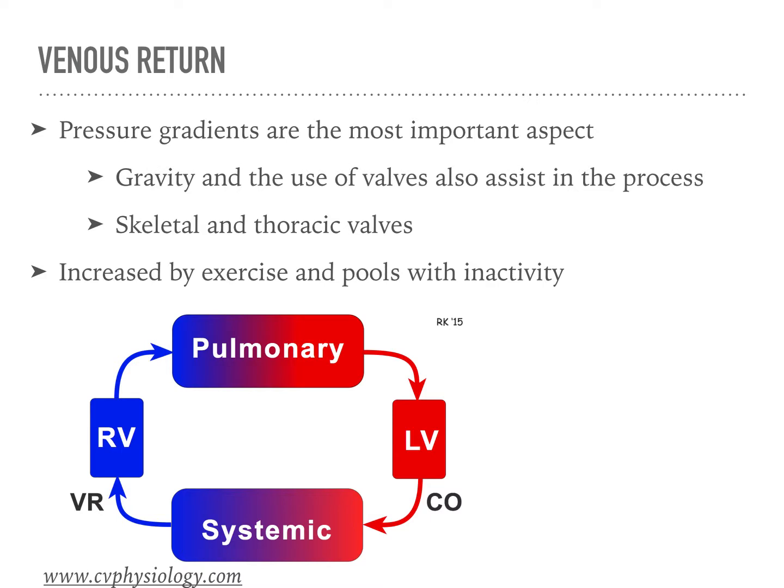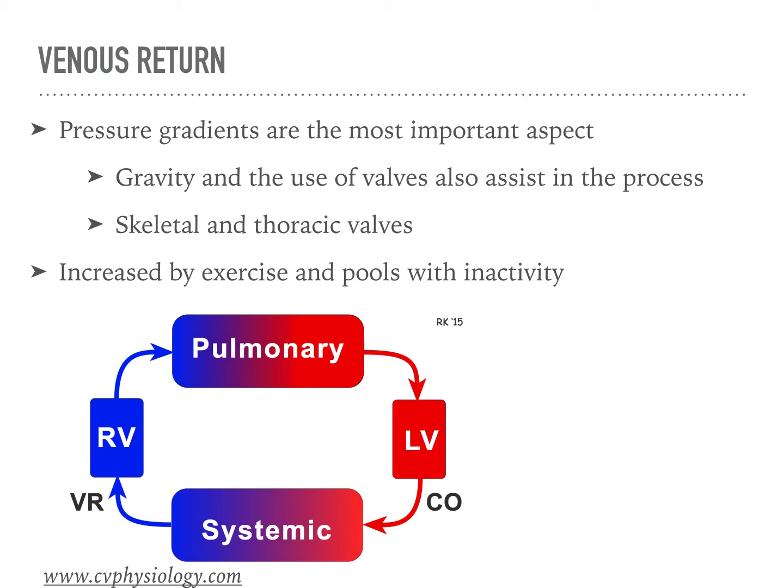So gravity is responsible for bringing blood back from the head and the neck, and skeletal muscle and thoracic valves work by compression and pressure. So when we move and work out, our muscles contract and release, and this helps bring the blood back to the heart.